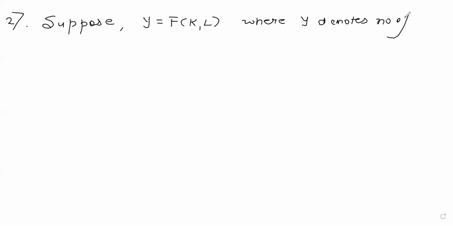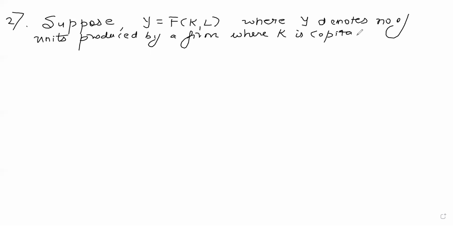Suppose y is a function of capital and labor, where y denotes the number of units produced by a firm, where K is the capital and L is the labor. Then how will the level curve look like?